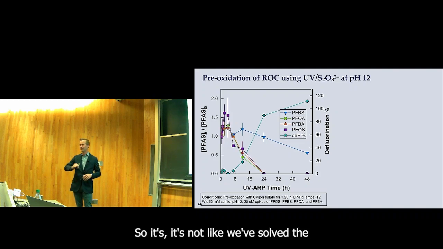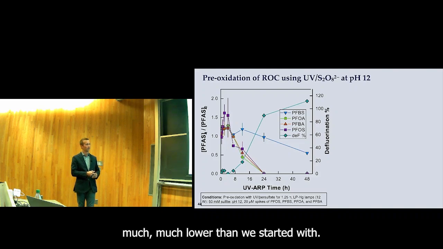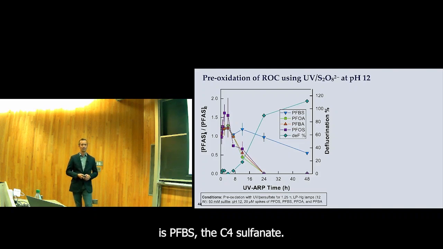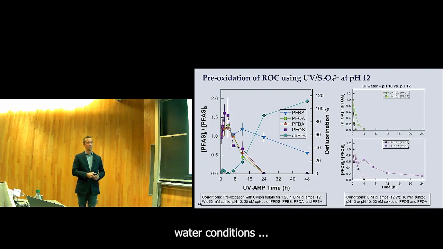So it's not like we've solved that complete problem, but it's much lower than we started with. And we get pretty close to 100% defluorination. The compound that's still stubborn is PFBS, the C4 sulfonate. But ultimately, it doesn't get us all the way to DI water conditions.